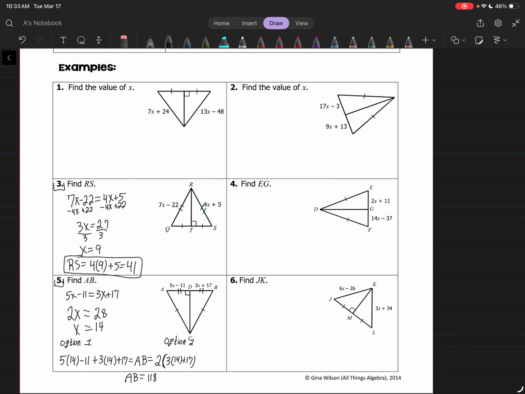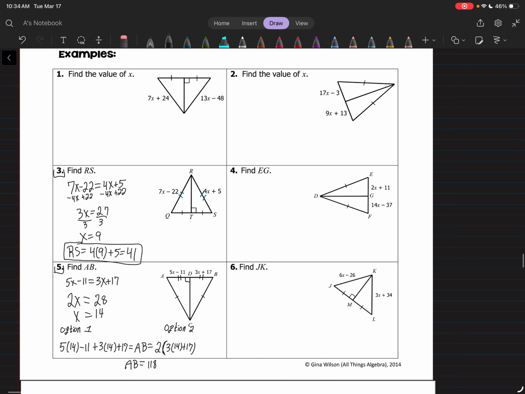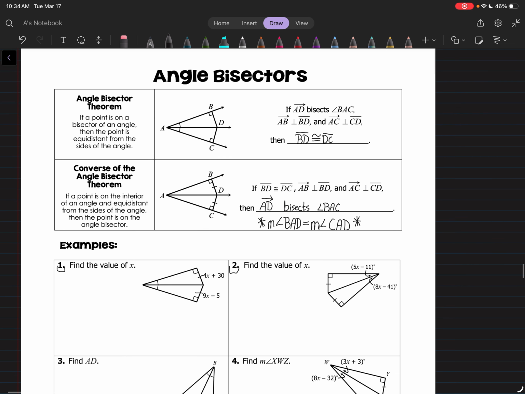All right, this is the conclusion of a perpendicular bisector. Let's look at angle bisectors. If a point is on the bisector of an angle, then the point is equidistant from the sides of the angle.